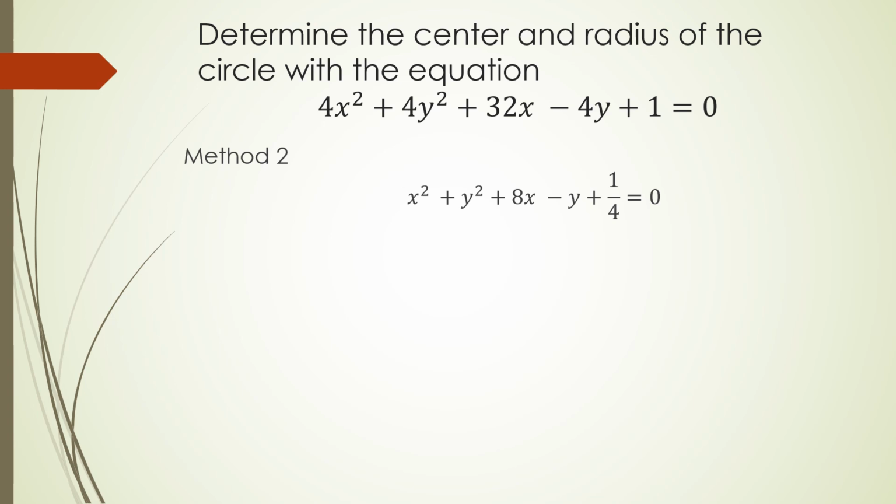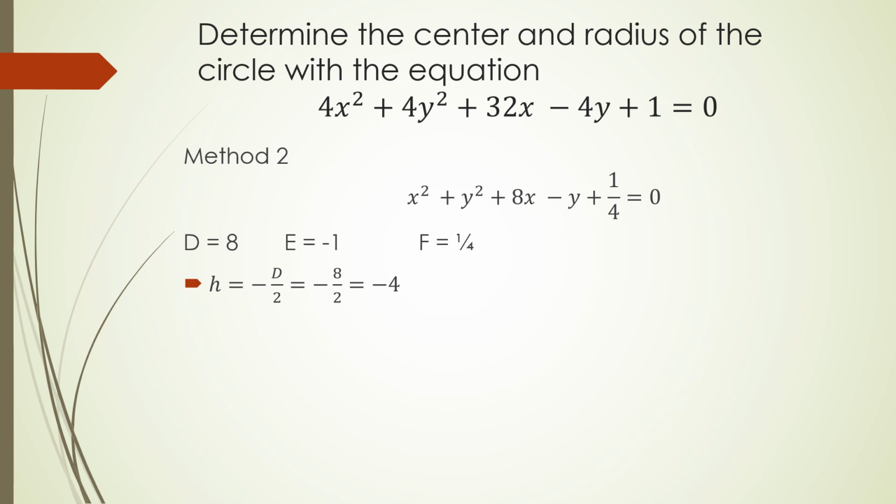And this time, what we're going to do is determine the values of D, E, and F from the general equation of the circle, which are D = 8, E = -1, F = 1/4.